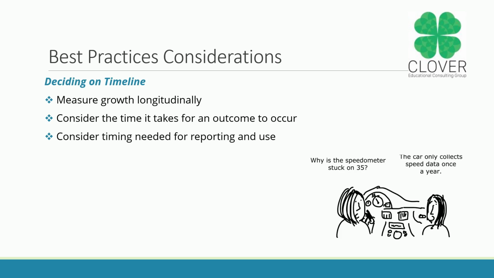For example, for a program, I might be interested in measuring the intern's autonomy and self-efficacy around providing services. And so at the beginning of the year during the orientation at the intern demographic survey, I might have a couple of items that ask about self-efficacy and about autonomy.